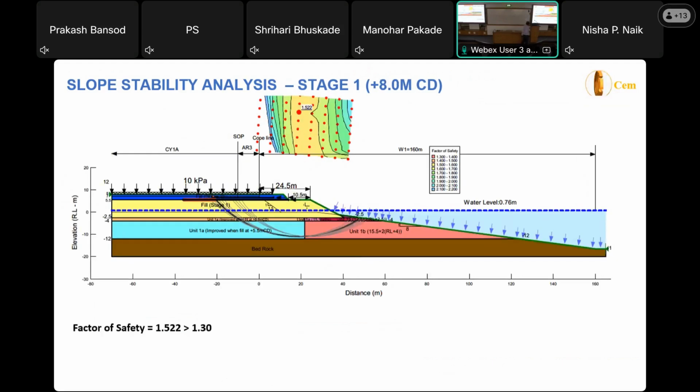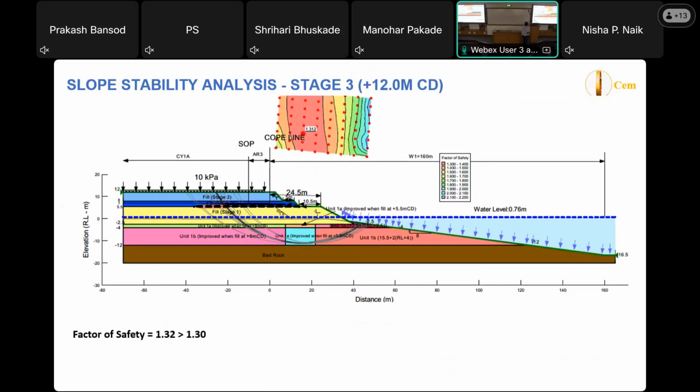This is the next stage when the PVD is done and you are putting up to the second stage. So what are the factors of safety? 1.5 we are getting. Then this is the maximum level, the highest, the top of the structures. At that time, what are the factors of safety?